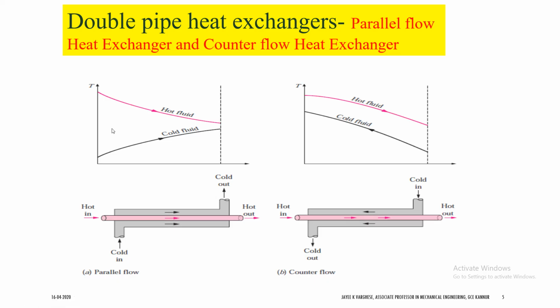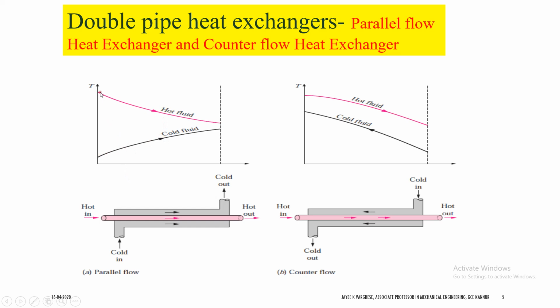So typically the hot fluid inlet temperature is the maximum temperature among these. The hot fluid enters at the maximum temperature, and as it flows through the tubes its temperature decreases. Why does the temperature decrease? Because it transfers its energy to the cold fluid. In a way, cold fluid will get heated up.